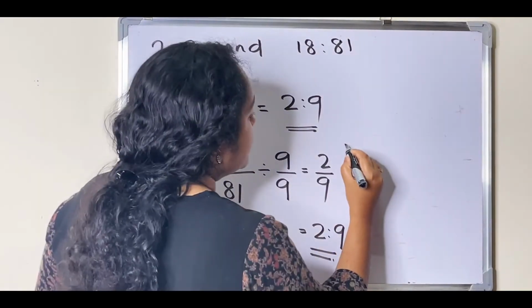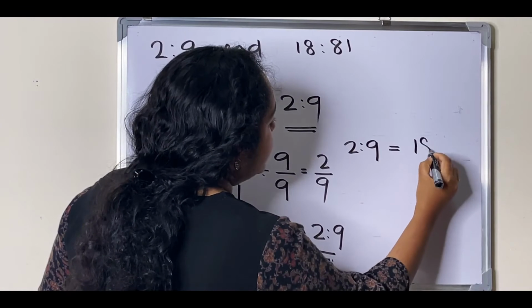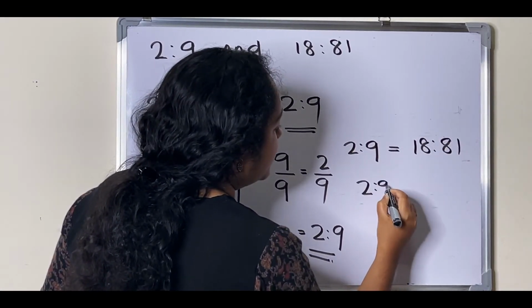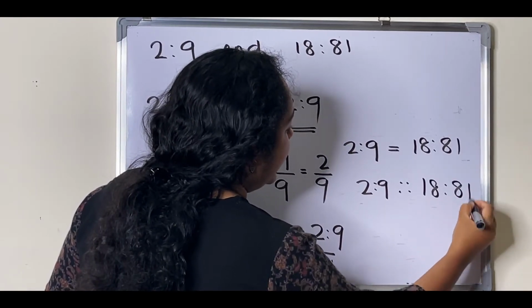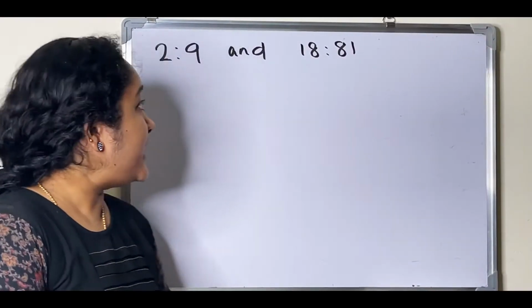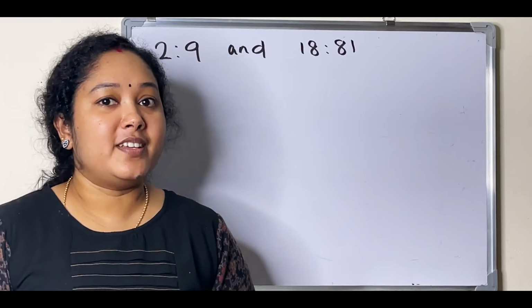And we write 2:9 equal 18:81. So 2:9 and 18:81 are in proportion.